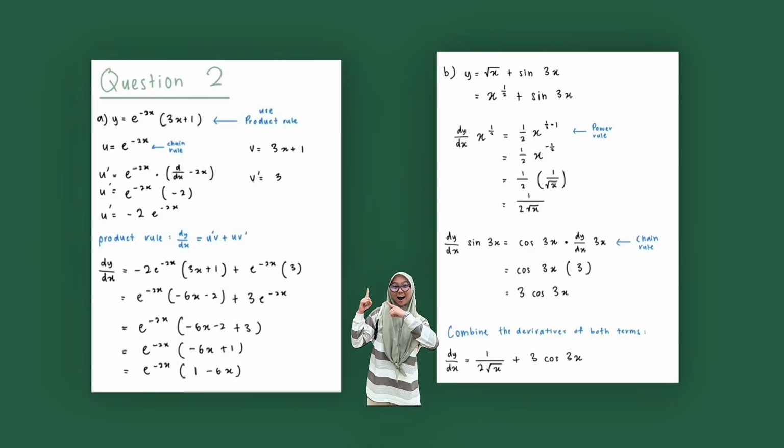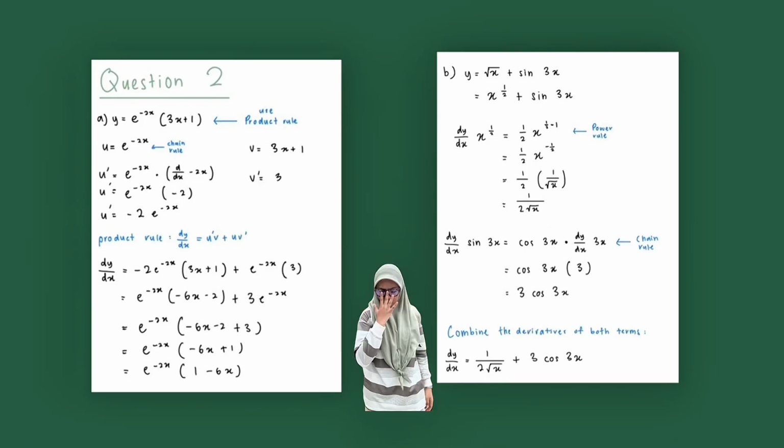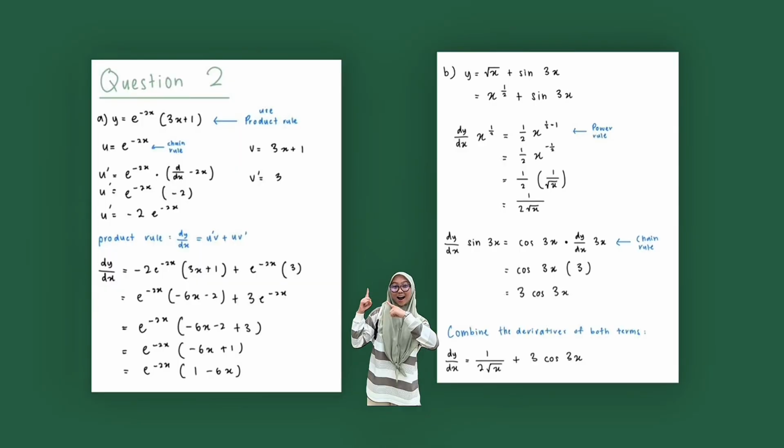From this, we need to separate the e to the power of negative 2x from the others. So, it will be e to the power of negative 2x times negative 6x minus 2 plus 3. Then, just solve what's in the bracket and you will get the final answer e to the power of negative 2x times negative 6x plus 1. To make it even more simple to understand, turn it into e to the power of negative 2x times 1 minus 6x. Pretty easy, right?